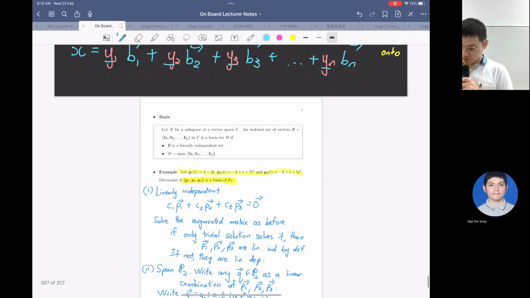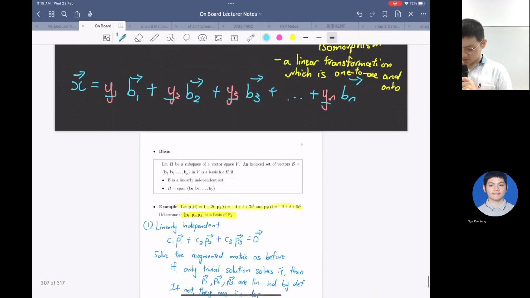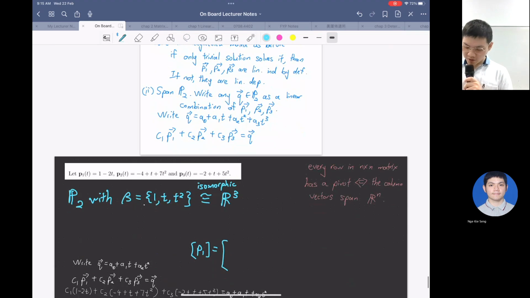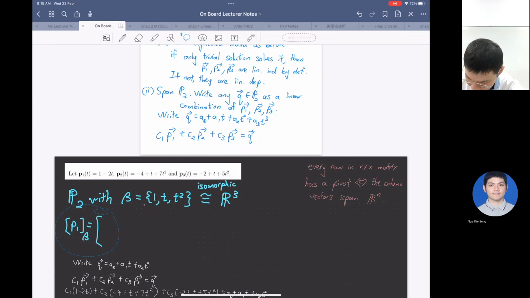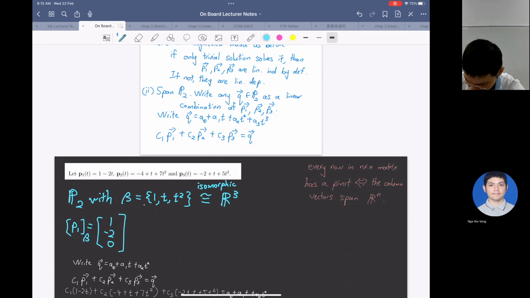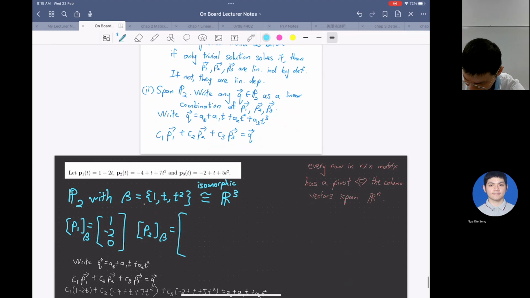So what is the isomorphism? The isomorphism is given by the coordinate vector. If you read out the coordinate vector of P1 with respect to B, what do you get? You get 1, -2, and 0. How about P2? What's the coordinate vector?